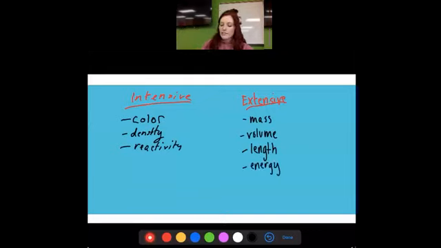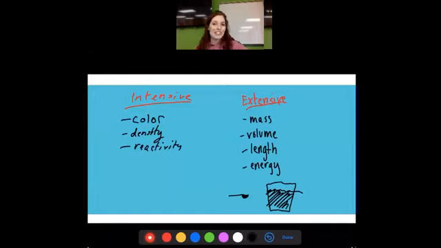So imagine you have a small spoonful of gasoline, and then you have a giant bucket full of gasoline. Which of those is going to contain more energy, just in general? Which one can power your car for longer?